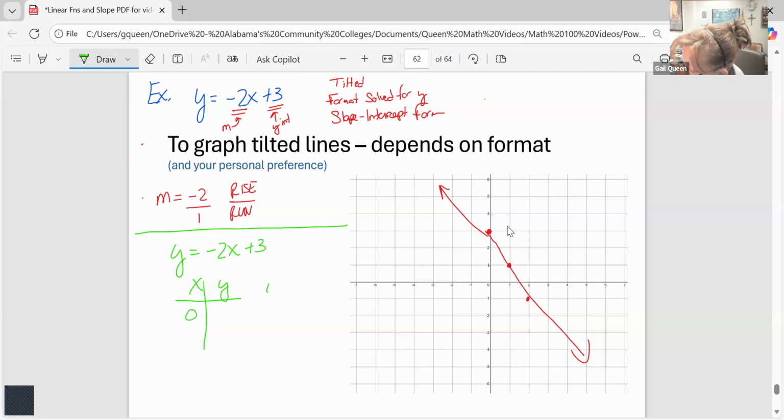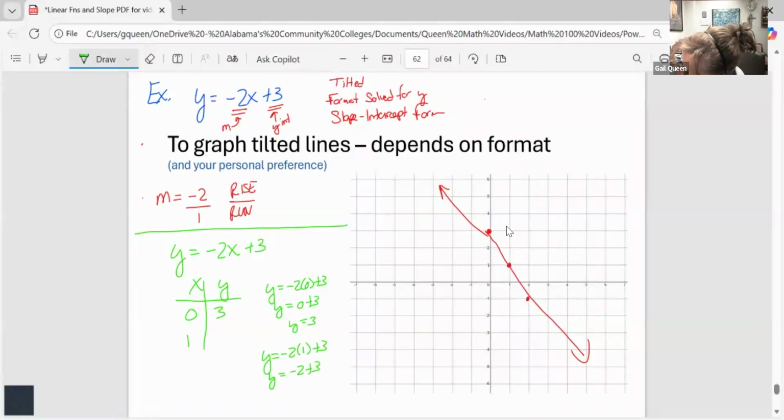If I let x equal 0, then I have y equals -2 times 0 plus 3. So y equals 0 plus 3, so y is 3. So when x is 0, y is 3, and then I can let x equal 1. If I let x equal 1, I get -2 times 1 plus 3. So y is -2 plus 3. So y is 1.